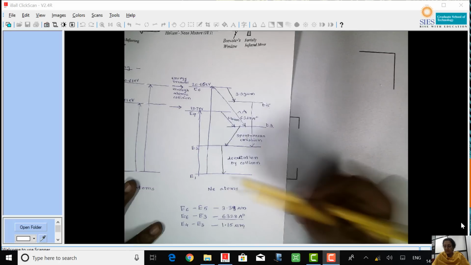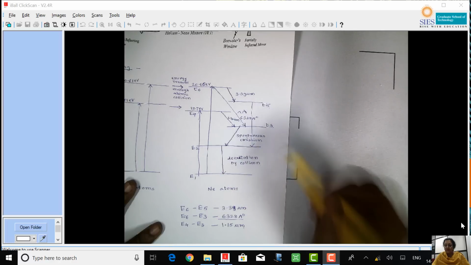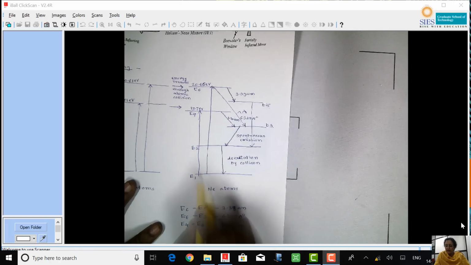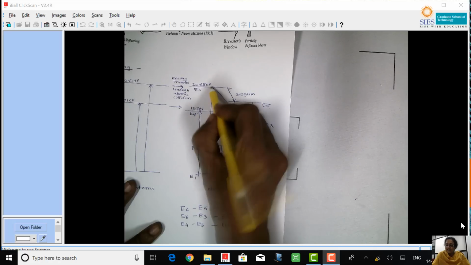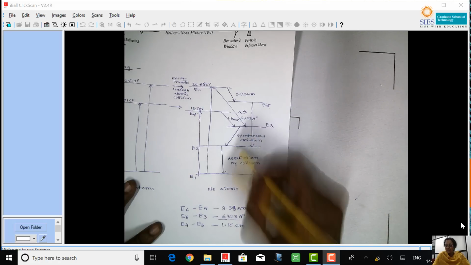There are three types of population inversion that take place, but every time, since four energy levels are involved, it is called four level pumping. For example, if we look at this transition E6 to E3, the energy levels involved are, first E1 to E6, then E6 to E3, E3 to E2, and E2 to E1.